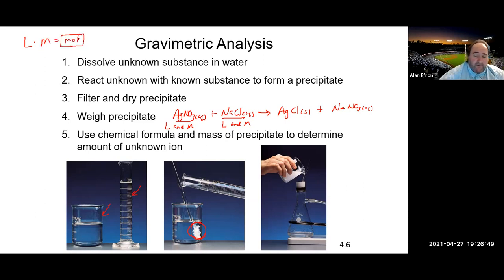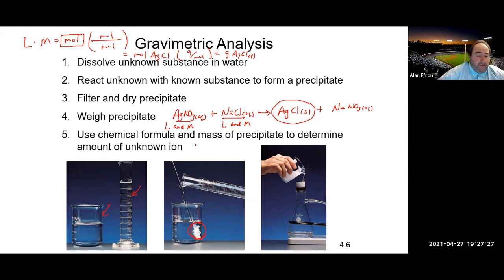So we could do a stoichiometry problem to figure out how much silver chloride we would make by using liters and molarity to get to moles. The rest of the calculation would be the same. You would do your mole to mole relationship. You get your moles of whatever you're interested in, like silver chloride, for example. And then you could use the molar mass of silver chloride to figure out how many grams of silver chloride you would actually weigh out in terms of your product.